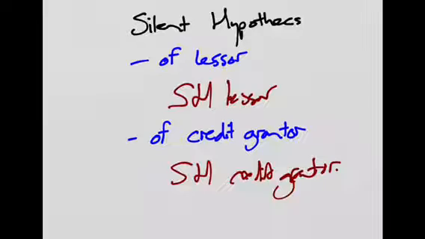The silent hypothec of the lessor is a real security right that the person who rents out property, fixed property, in other words, who rents out a house or a flat or something to that extent, obtains to guarantee his or her payment.